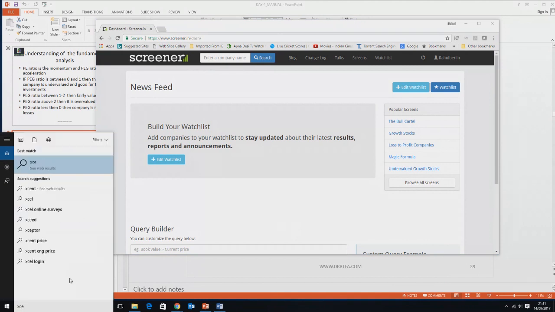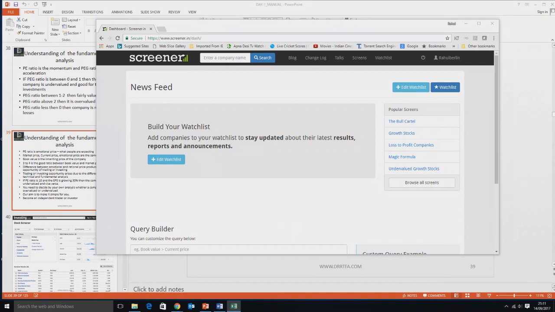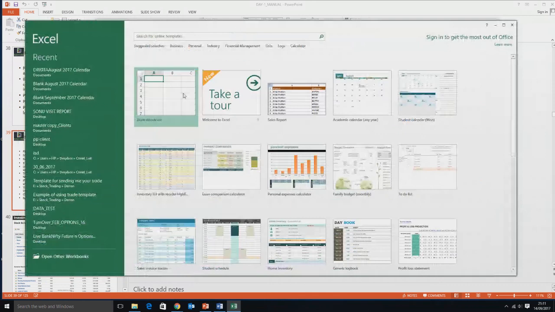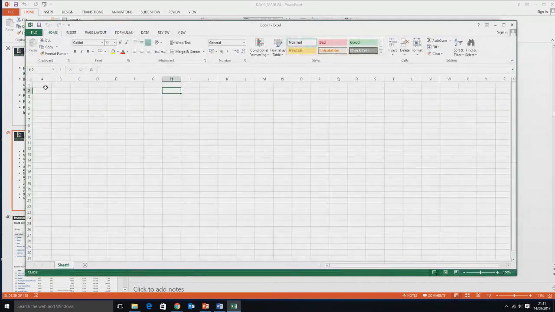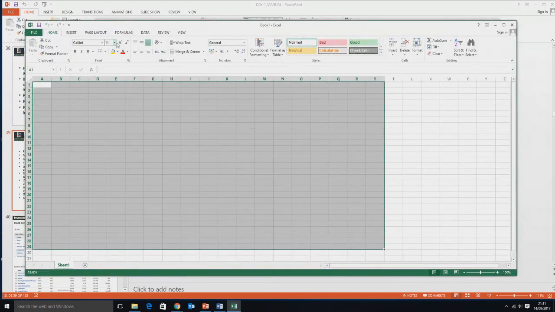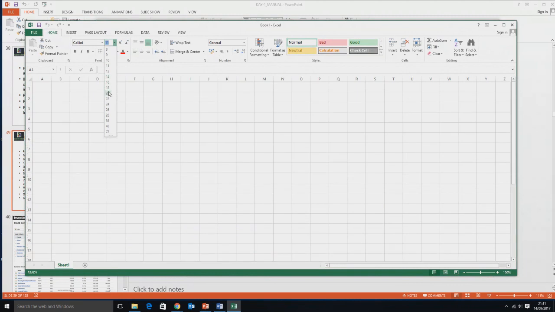So if I go to the Excel quickly, I'll just increase the font size so that we can see better.